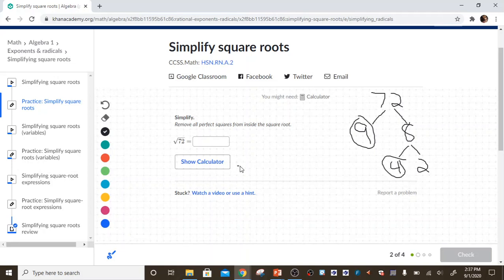So that means that the square root of 72 is going to be the same thing as the square root of 9, which is 3, times the square root of 4, which is 2, and then times whatever we have left over that's not a square pair. So the square root of 2. Our final answer is going to be 6 root 2.